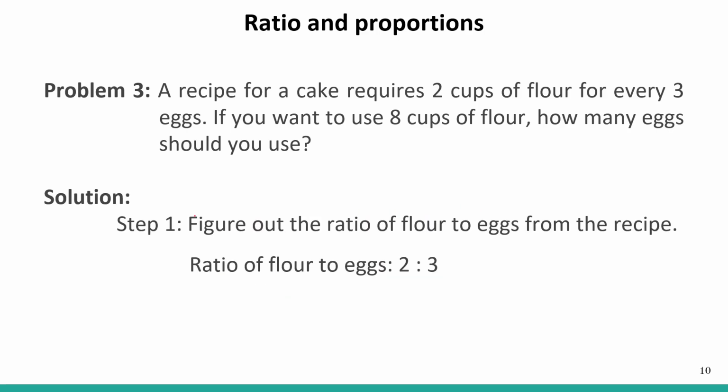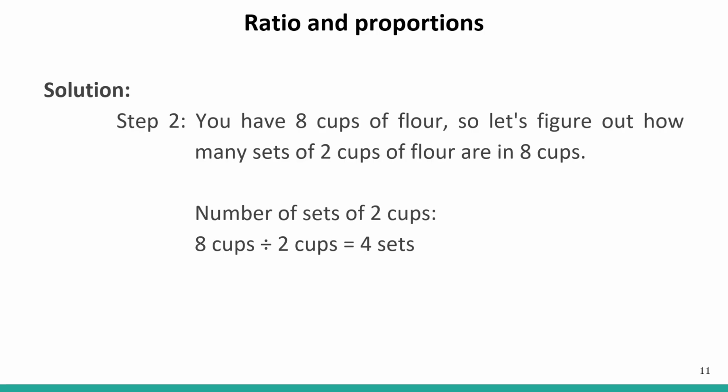So by this method, we figure out the ratio of flour to eggs, that is 2 is to 3. If you have 8 cups of flour, let's figure out how many sets of 2 cups of flour are in 8 cups. The number of sets of 2 cups is equal to 4 sets.